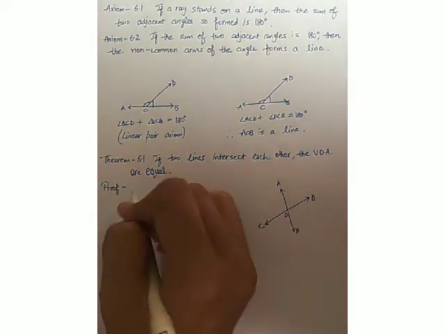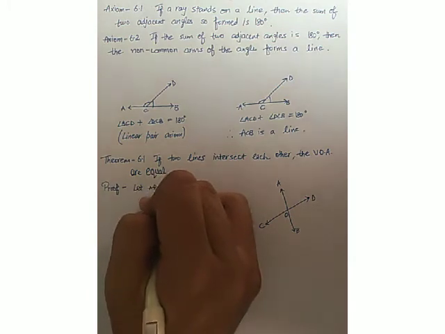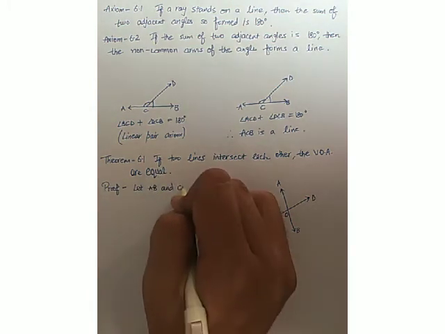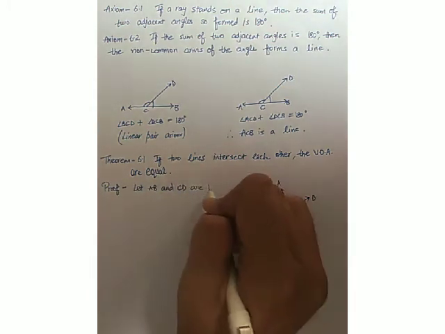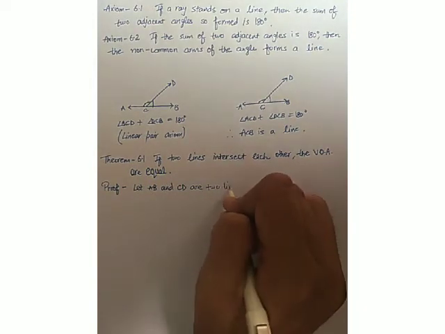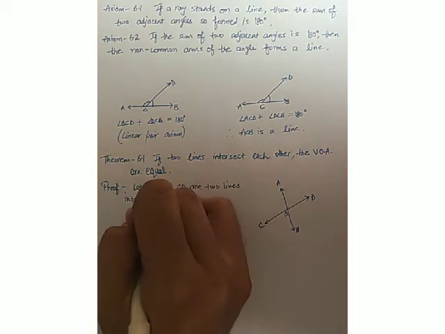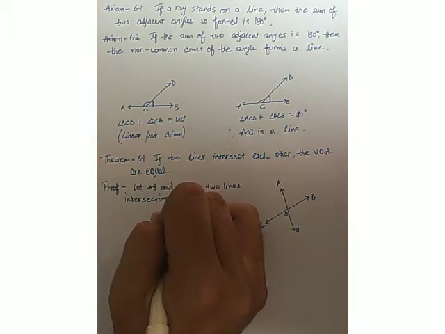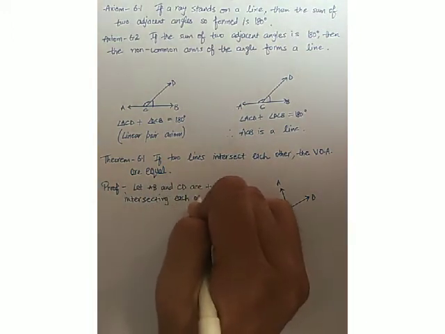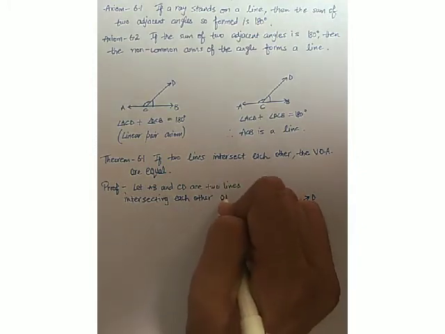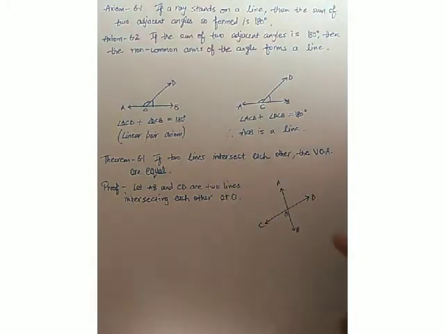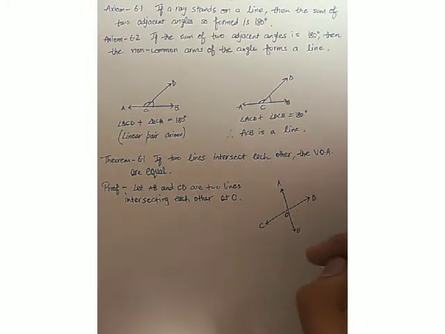Now firstly write, let AB and CD be two lines intersecting each other at O. Clear? Now of course if these are intersecting, then there will be a formation of angles. Which angles? Vertically opposite angles.